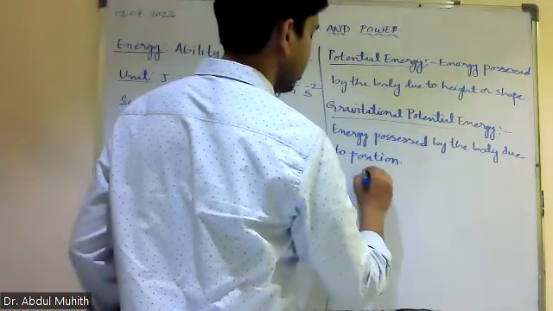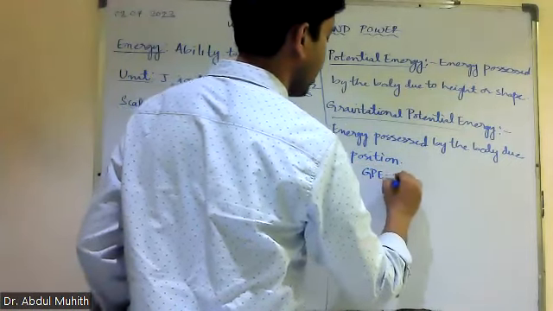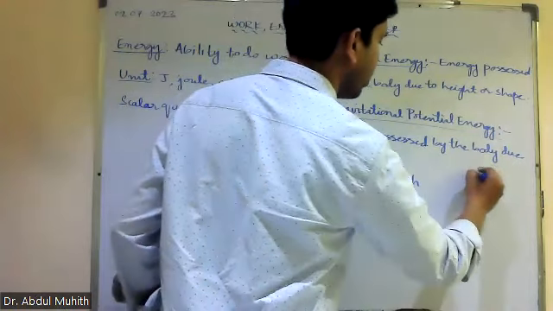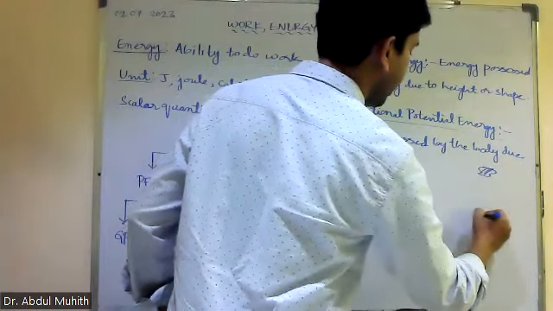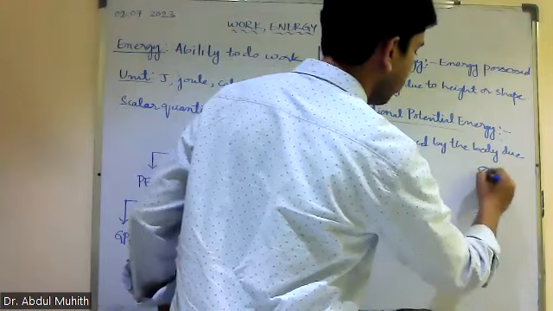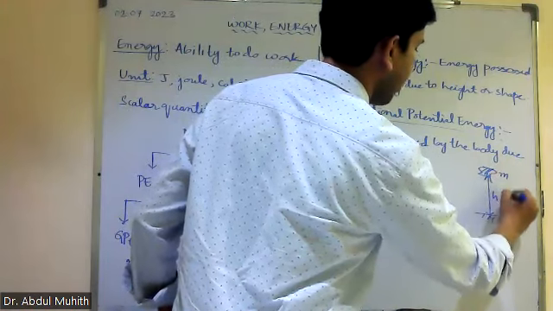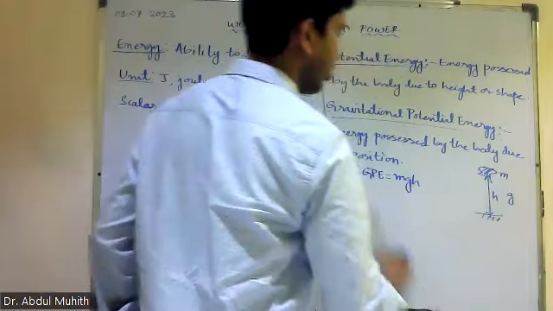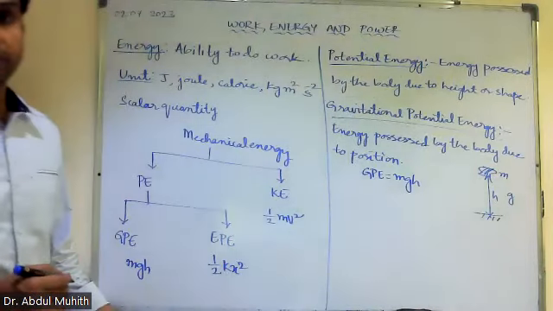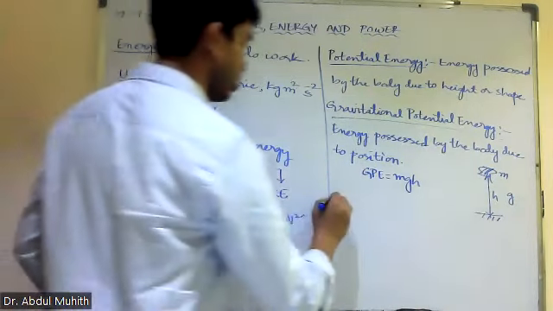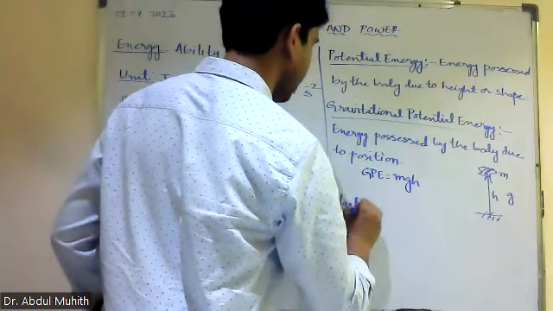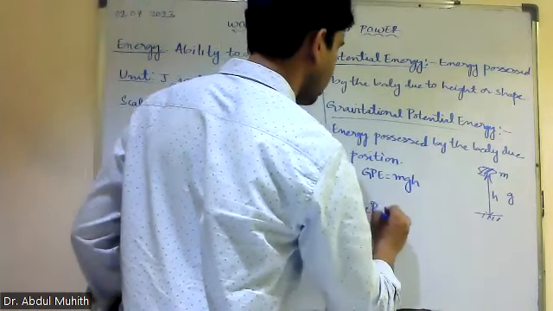So gravitational potential energy is equal to mgh. Suppose there is a stone at a height h from the ground, whose mass is m, and gravity is g. So the formula is mgh. Clear? Now the second one is elastic potential energy. That we are going to derive now.